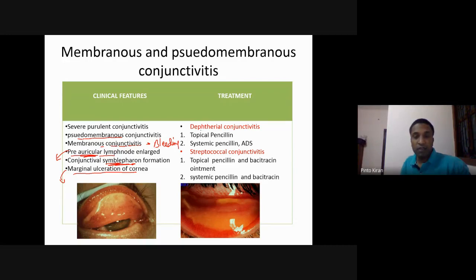Here, the most important causes of membranous or pseudomembranous conjunctivitis are diphtheritic and streptococcal conjunctivitis. How do you treat them? Topical penicillin or systemic penicillin with anti-diphtheritic serum. And in a streptococcal infection, the treatment of choice is topical penicillin and bacitracin ointment and systemic penicillin. You have to remember these things.